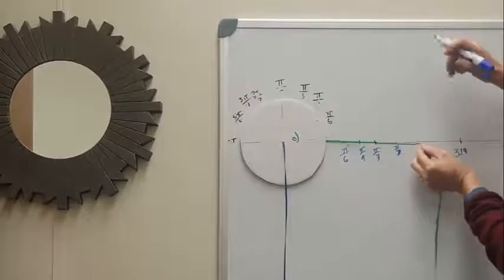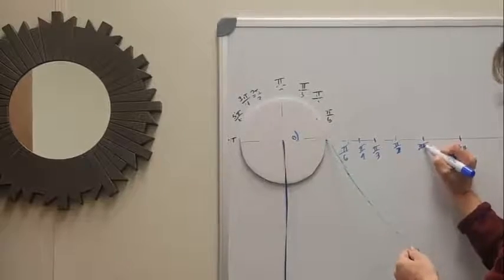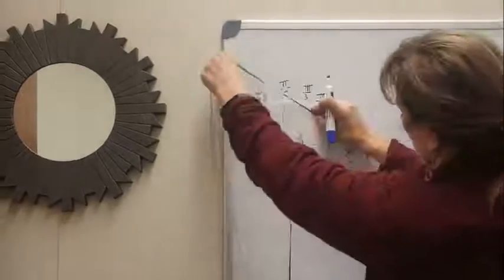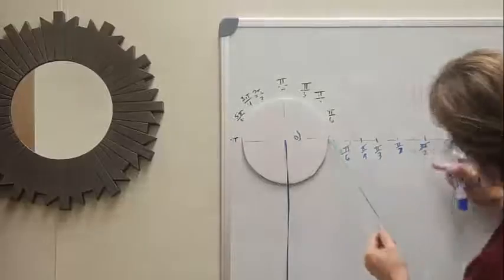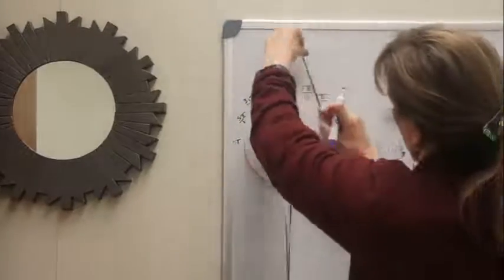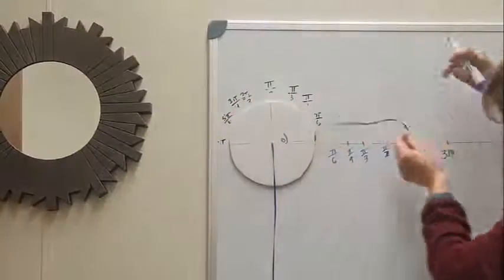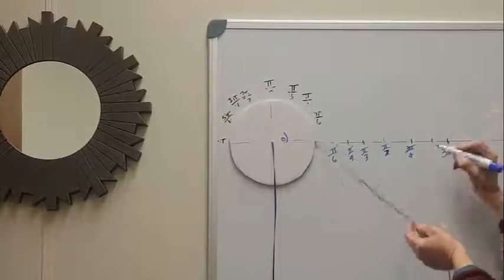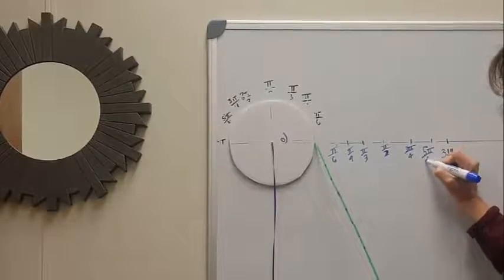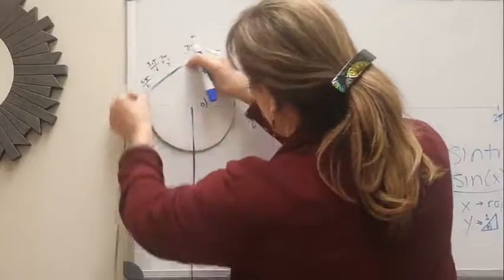Okay. This is going to be 3 pi over 2. Sorry, 3 pi over 4. And this one is 5 pi over 6. Make sense? Let's just do a couple more in the third and fourth quadrant.